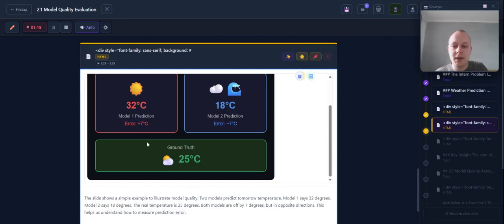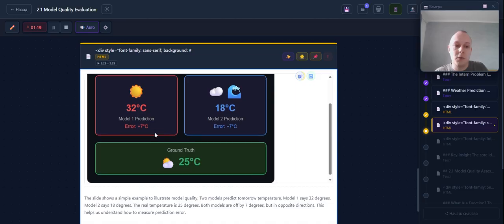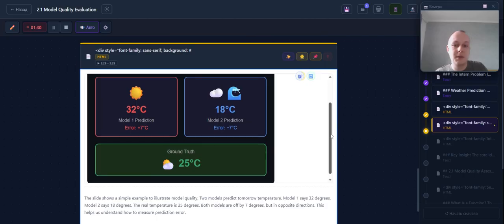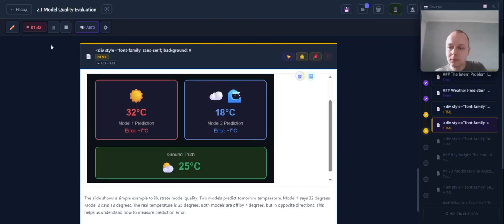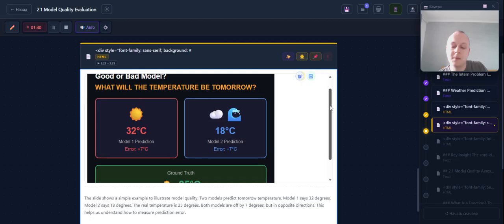Very basic, quick example with weather to see one of the ways to find our model quality: how to predict errors is to see two models doing their prediction.